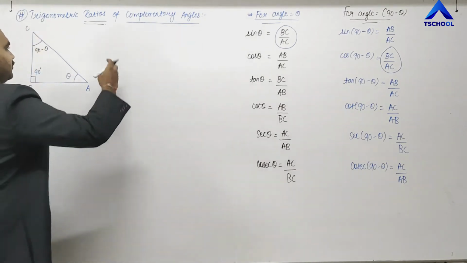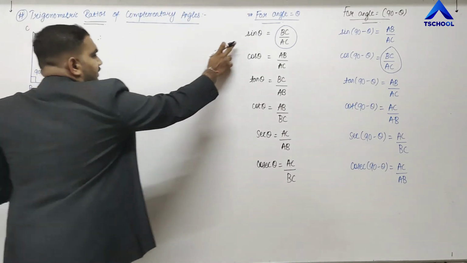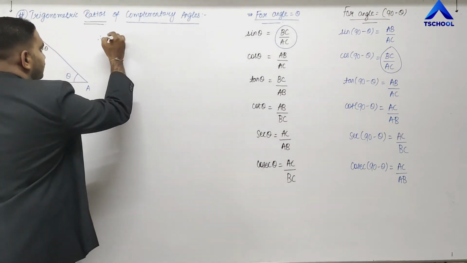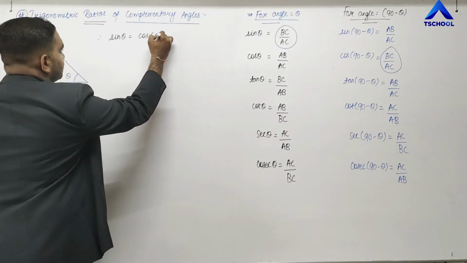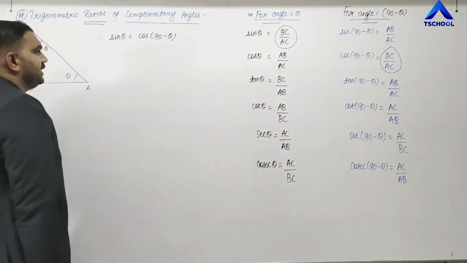Finally, sine theta is equals to cos 90 minus theta.